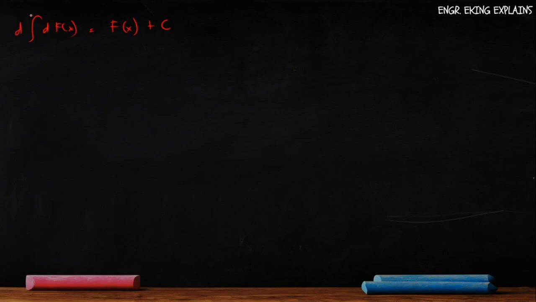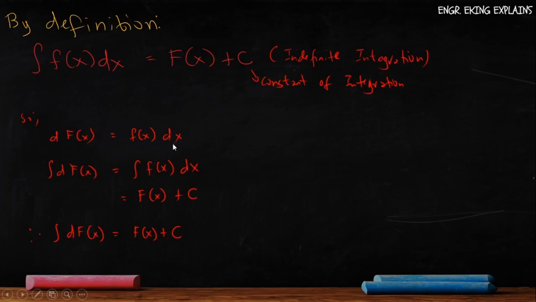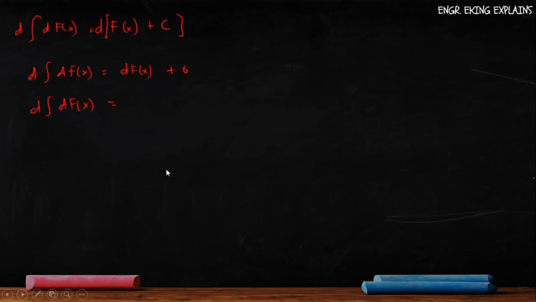We take the derivative of both sides, so the derivative of the constant is 0, and from our previous slide, this derivative notation is just equal to f of x dx.